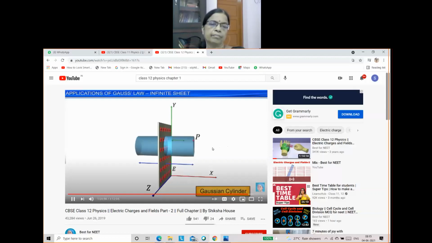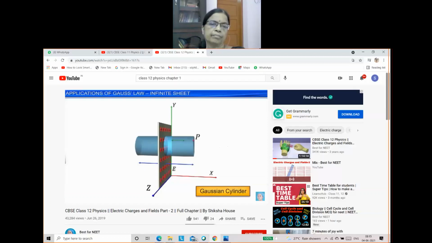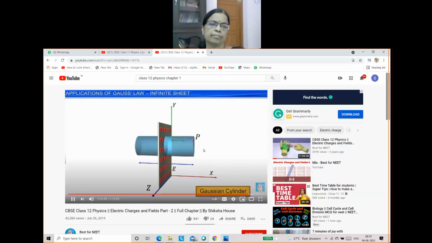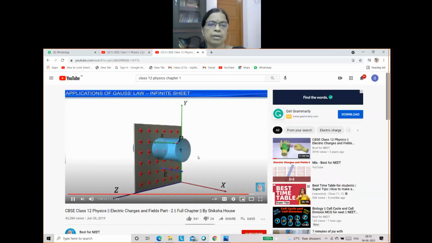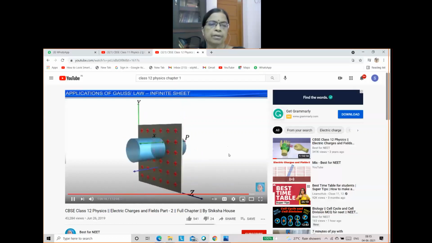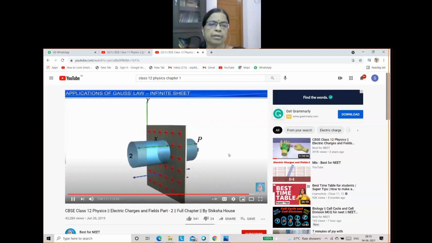We see that the cylinder extends to the other side of the sheet, and the plane faces of the cylinder are equidistant from the sheet. Let the circular faces of the cylinder be marked as 1 and 2, and the curved surface of the cylinder be 3.